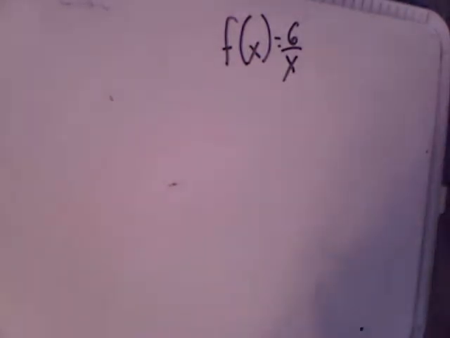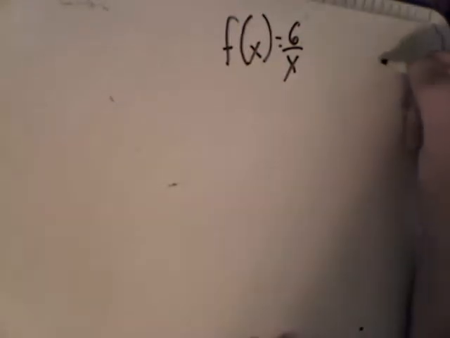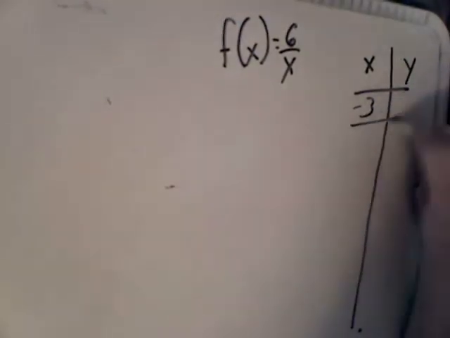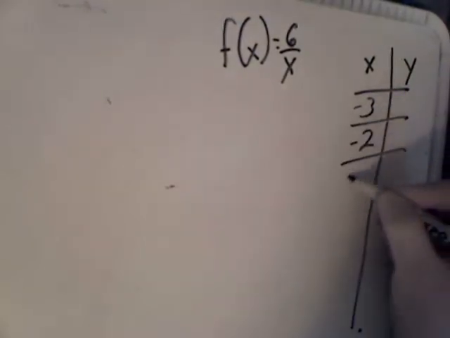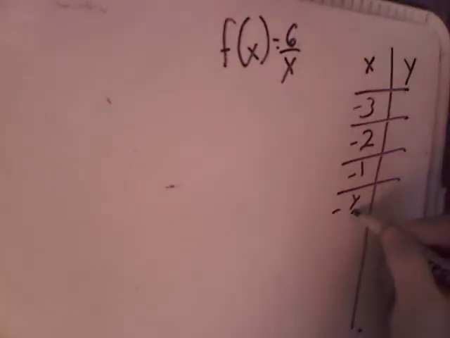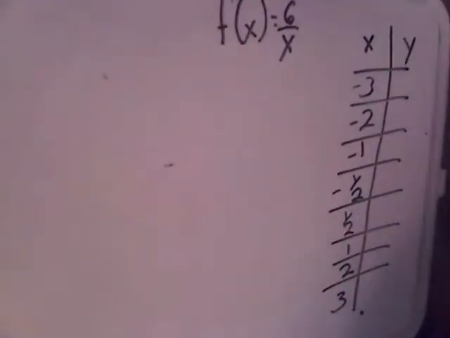It's basically because there's going to be two different sets of points in this graph that add up to two different curves. So we're going to use our x's and our y's. X is going to be -3, -2, -1, -1/2, and then the opposite of all of those numbers, which is 1/2, 1, 2, and 3.